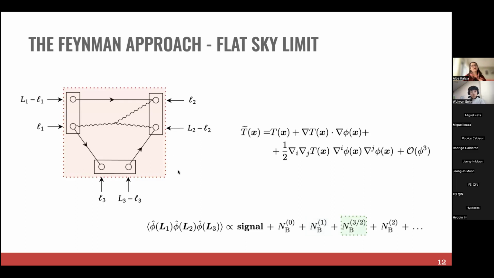And this diagram corresponds to something that contributes to N3/2. Indeed, the 3 wiggly lines here that meet at the center correspond to a lensing bispectrum. And then you can go on with your expansion to higher orders of phi, and basically add more wiggly lines and more interactions.